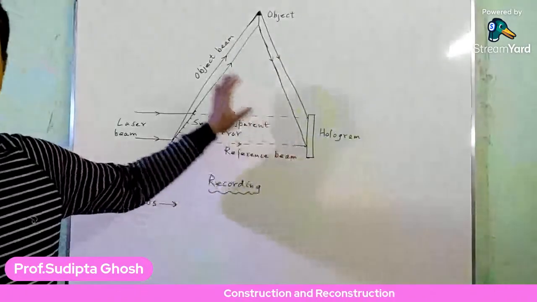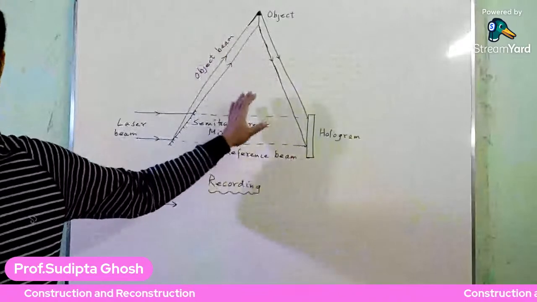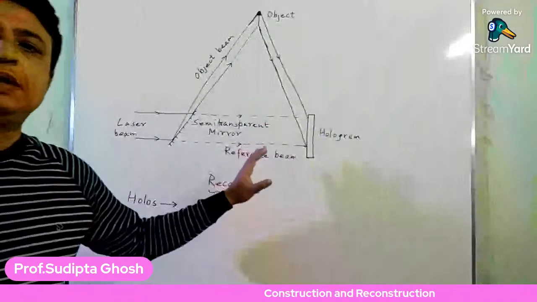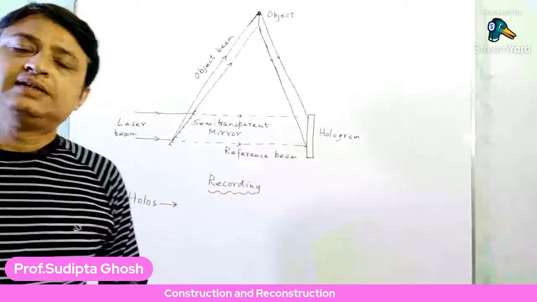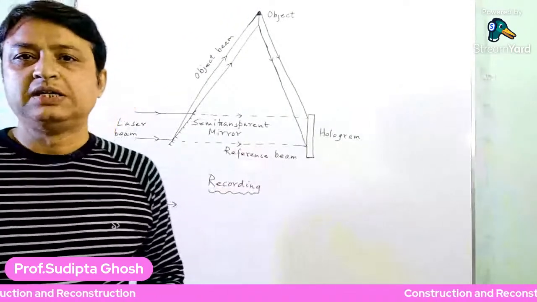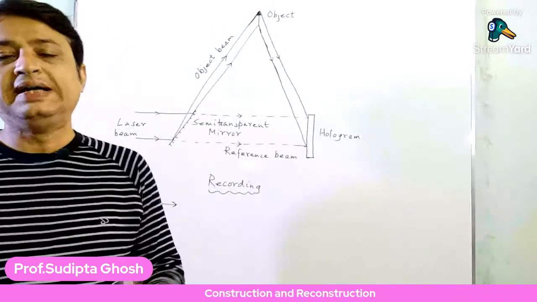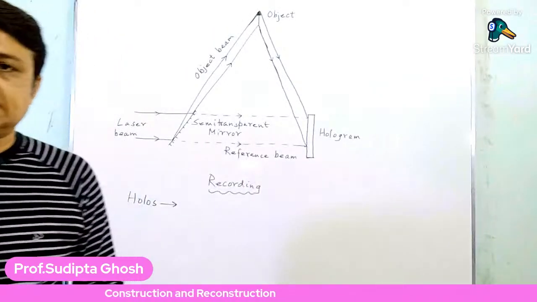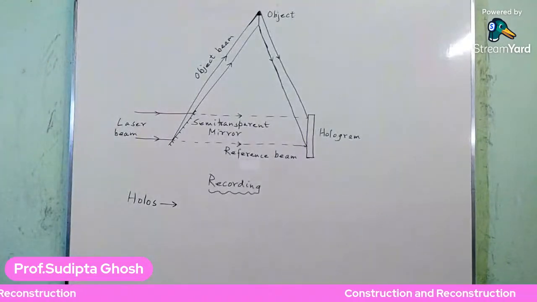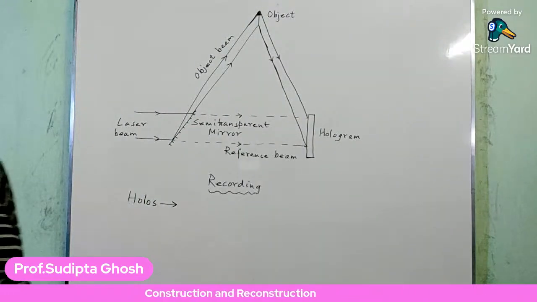These two beams, that is the scattered object beam and the reference beam, interfere on the film, and thus it records the entire information, both the amplitude or the intensity and the phase. So this is the process of recording, or the process of construction of a hologram, right?